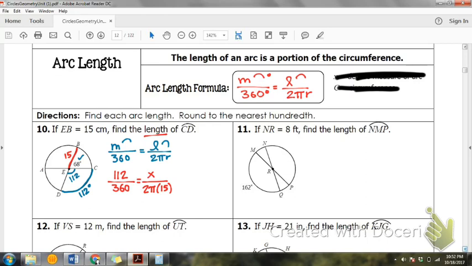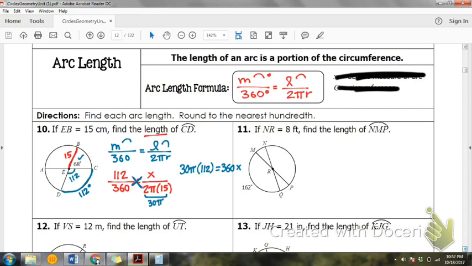So when we're solving this proportion, remember we cross multiply. But before we cross multiply, we want to fix this 2 times 15, because we know that's going to be 30 pi. That just makes things a little bit less hectic. So I'm going to do 30 pi times 112 equals 360x. Okay, so I cross multiply: 30 pi times 112 equals 360x.